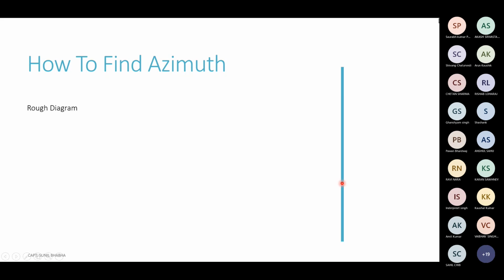So you draw a vertical line which represents the meridian of the observer, and in the middle you show the equator. This horizontal line represents the equator. So let's label it as equator here.